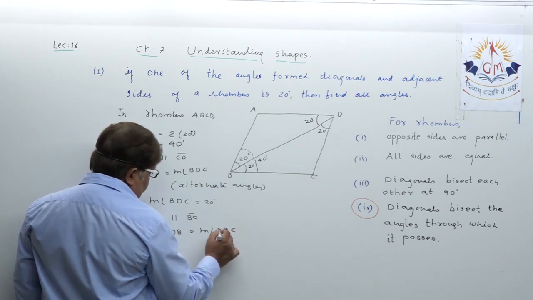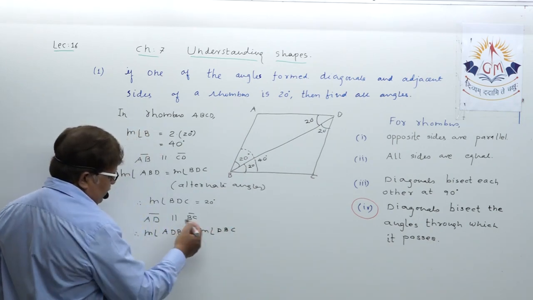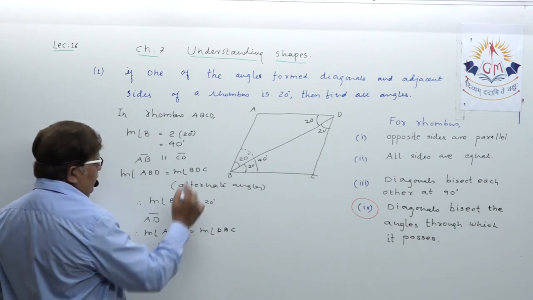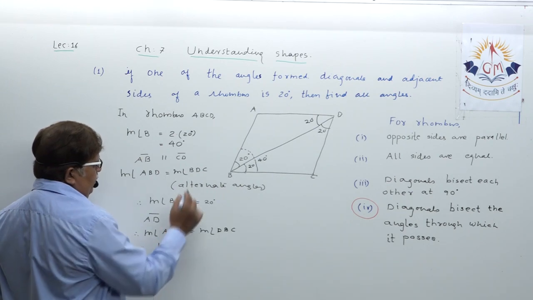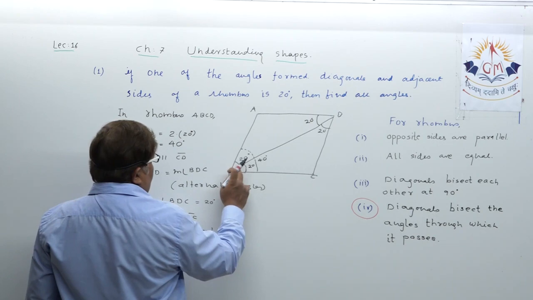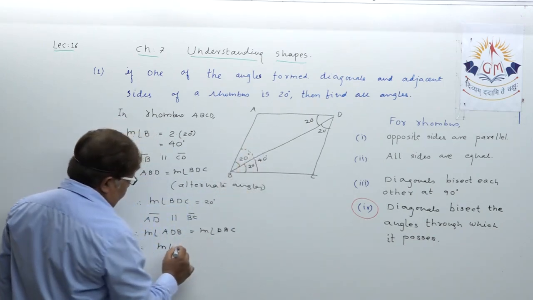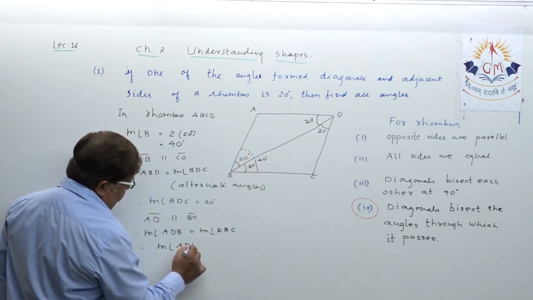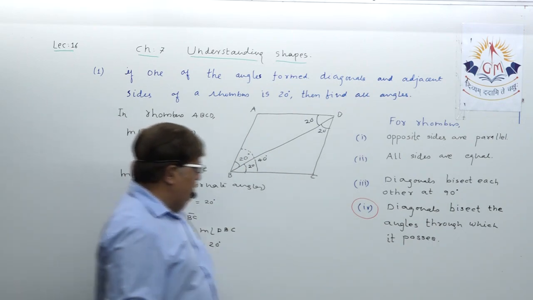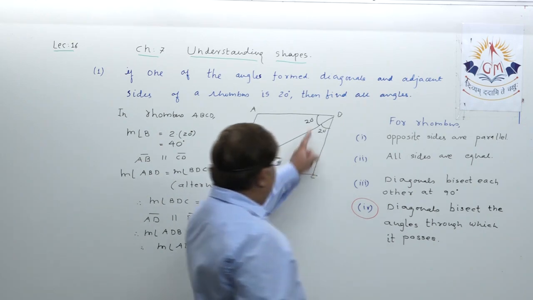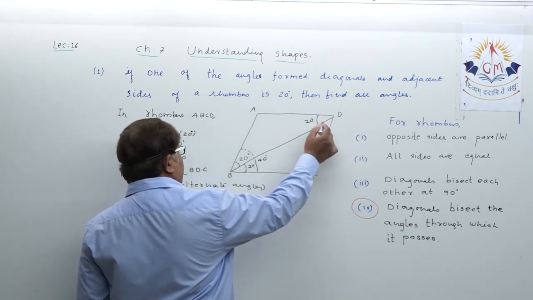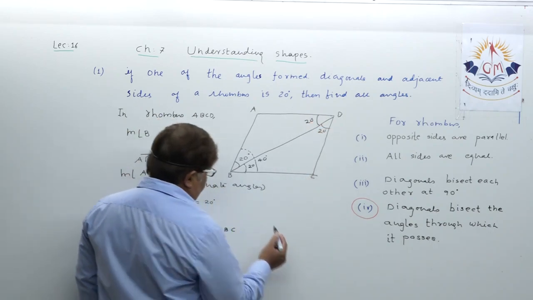You do not have to write the reason again and again because they are alternate angles. Therefore, measure angle BDC and measure angle ADB, as given, is 20 degrees. Now, dear student, understood? Both these angles are 20, 20, so this becomes 40 degrees.